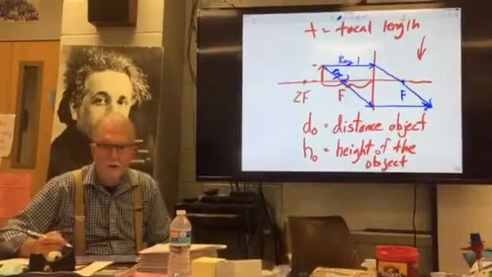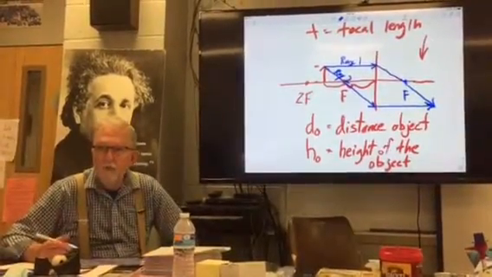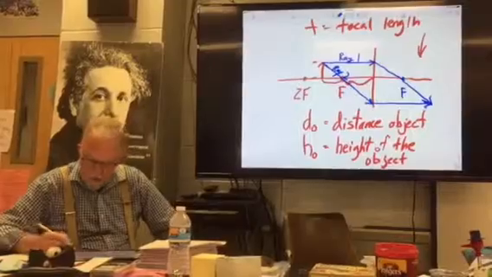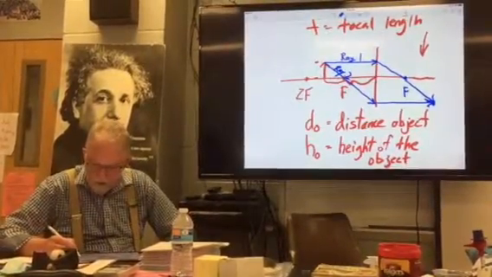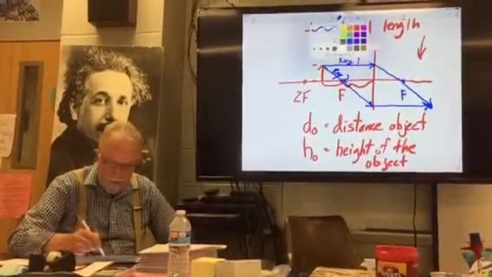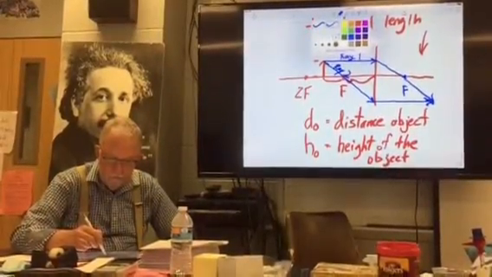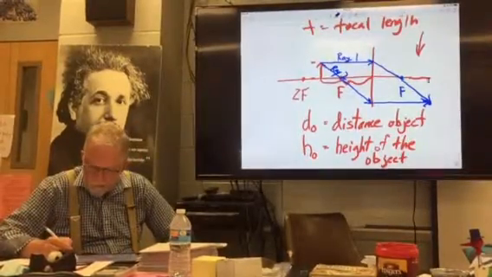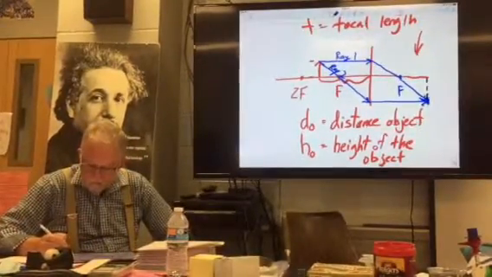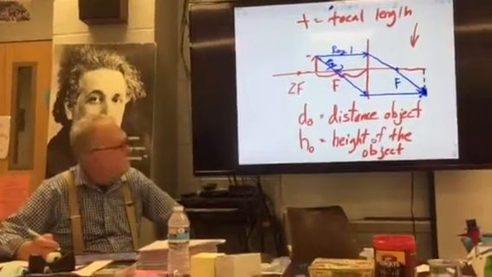Now, once you get really good at this, you can see exactly where the image will be and how tall it'll be. All you have to do is find the intersection of the two rays over here, and let's go with a different color. Let's go with this deep blue. There is your image.